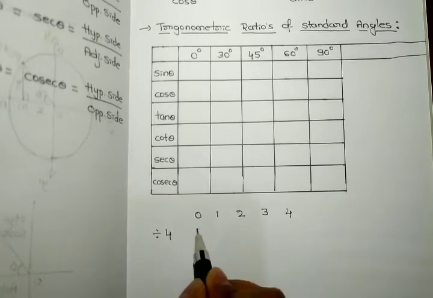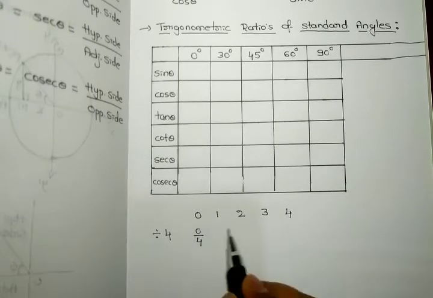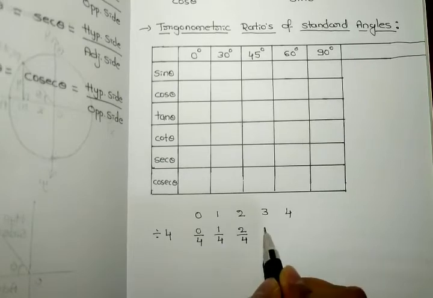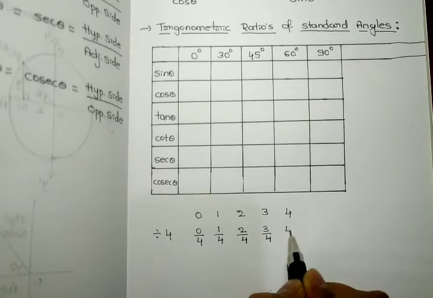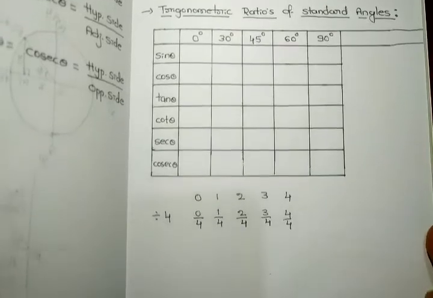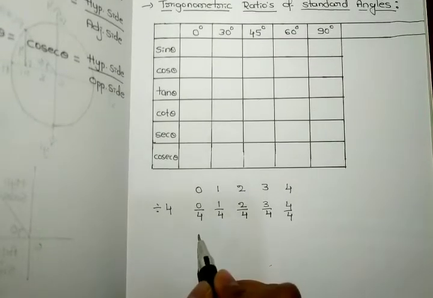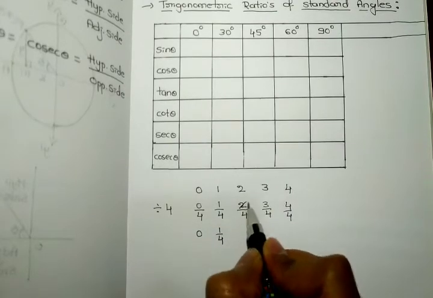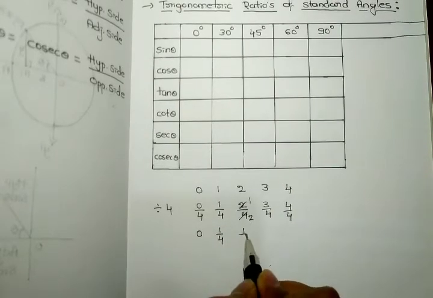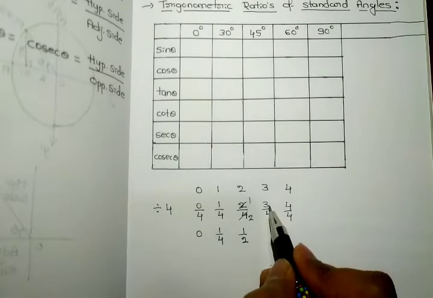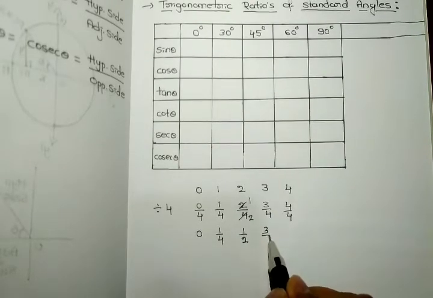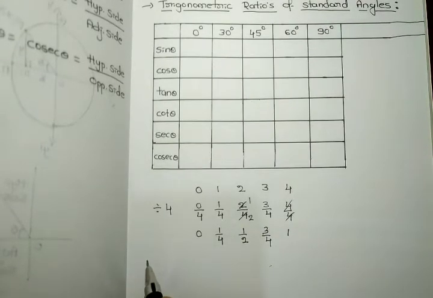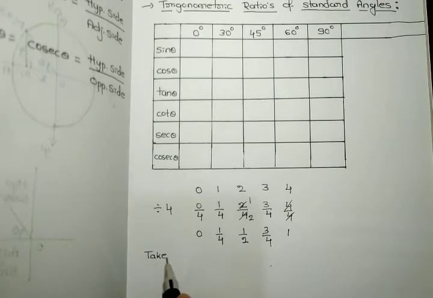So that time what will happen? 0 divided by 4, 1 divided by 4, 2 divided by 4, 3 divided by 4, 4 divided by 4. Next, 0 by any value will be 0. This value keep it as it is. So 2 1 2 2 cancel, remaining is 1 by 2. Here you cannot cancel, so keep it as it is. Cancel these two, 1.